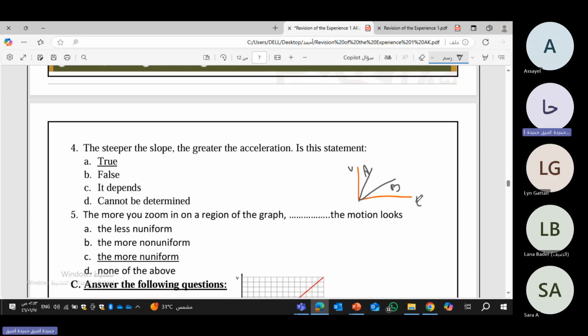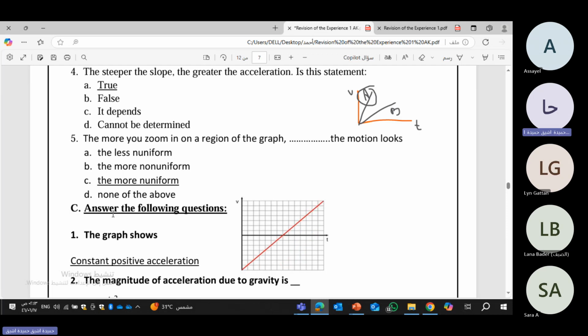Which one has more acceleration, A or B? We said the steeper, the greater acceleration. Excellent, bravo. So A has the greater acceleration due to the steeper line. So the greater the slope, the greater the acceleration. The steeper, the greater.